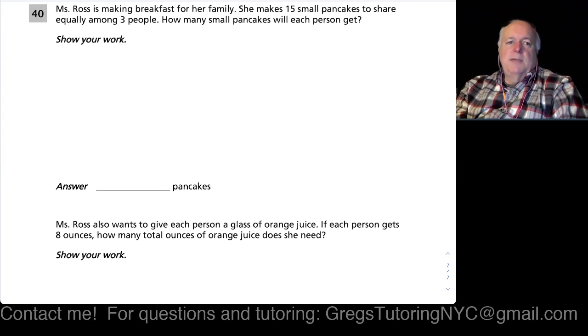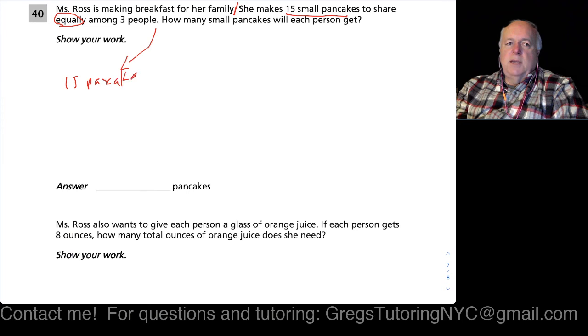Ms. Ross is making breakfast for her family. She should come here, I'm hungry. She makes 15 small pancakes to share equally among 3 people. This is coded language. She has 15 pancakes. We don't know yet whether they're being small matters.